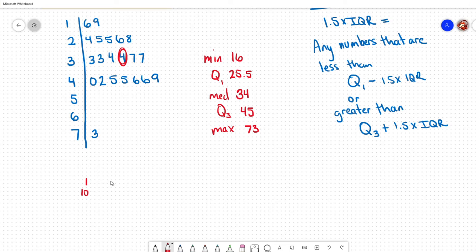So 10, 15, 20, 25, 30. This is the part where you really want to make sure you're scaling appropriately and taking your time, because if it gets distorted, and we're not measuring out where the marks are supposed to go, then when it comes time for our analysis, the picture is going to look off and it won't make much sense.